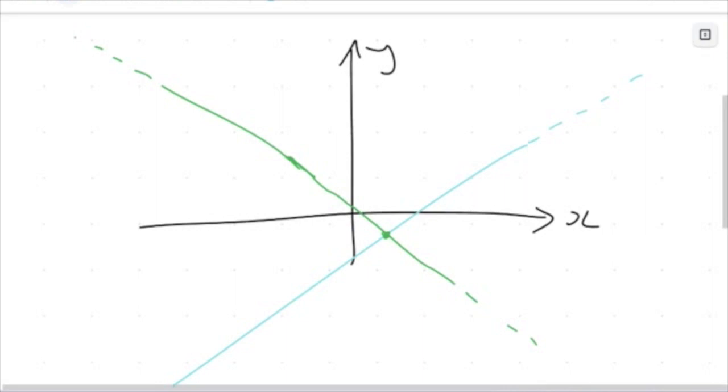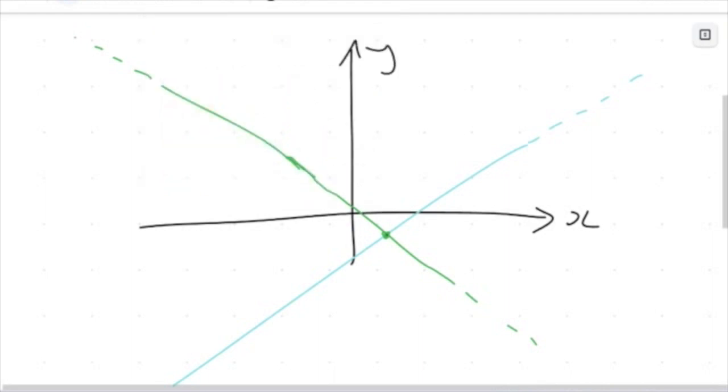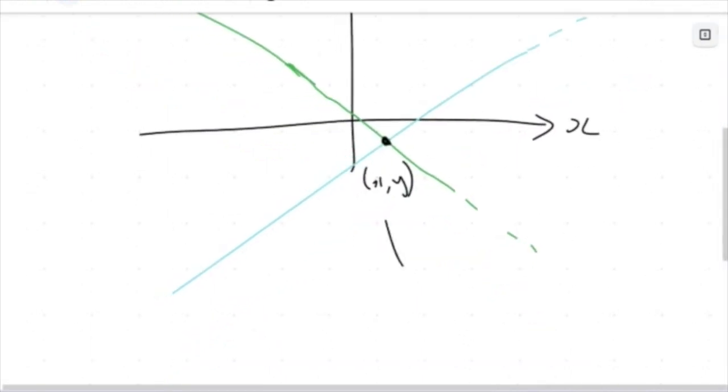And what we're doing when we solve these simultaneous equations, and especially graphically, is we are trying to find this point here. I've just arbitrarily put x, y to show an x coordinate and a y coordinate.